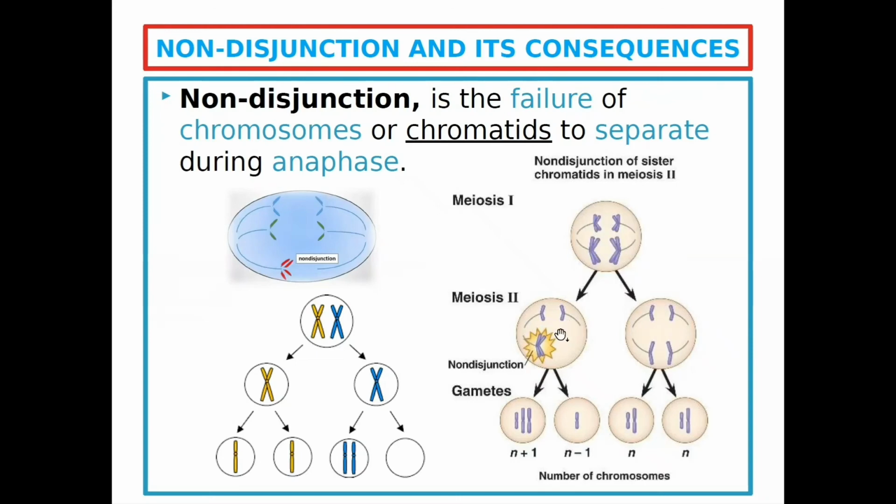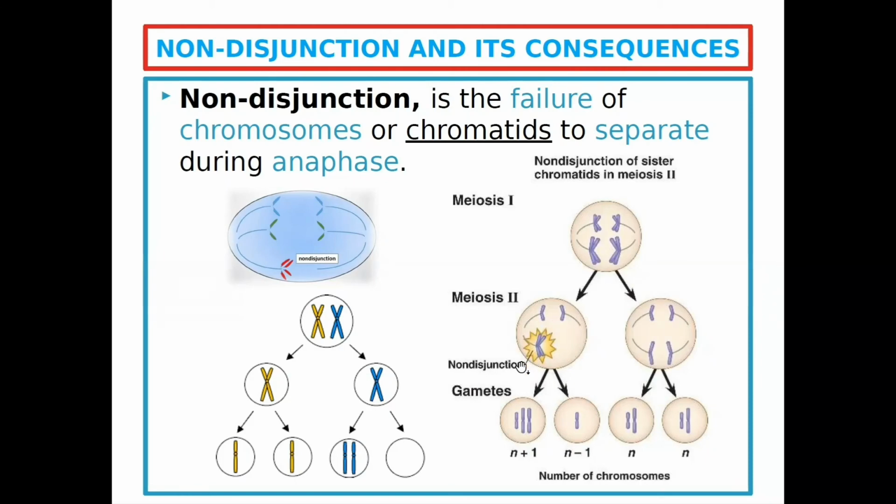And then in meiosis 1, at the end of meiosis 1, we end up in telophase, but we failed to have that, okay? Instead of this chromosome to be pulled on that side, it does not allow to break. It fails to separate.